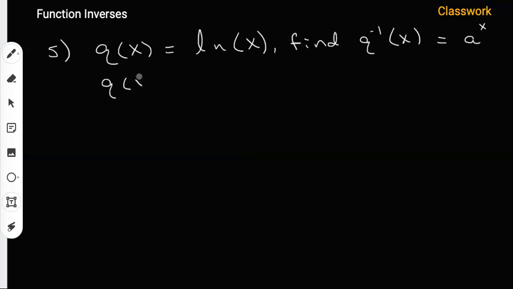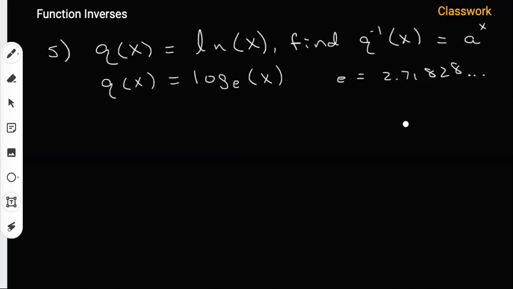Well, luckily for us, we know what the natural logarithm is, right? It's log with a base of what? E, right? E being the exponential constant, Euler's number, 2.71828... Well, that's what E is anyway. It's an irrational number, so there's no way to write it as a fraction.